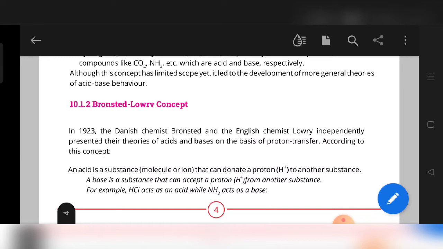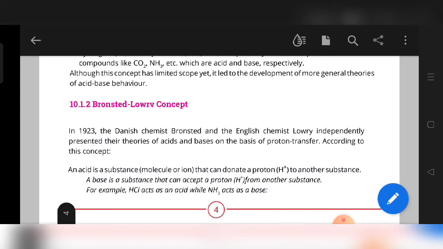According to this concept, the definition and statement of the Lowry-Brønsted concept: an acid is a substance, molecule or ion that can donate a proton to another substance. A base is a substance that can accept a proton from another substance. For example, HCl acts as an acid while NH3 acts as a base.